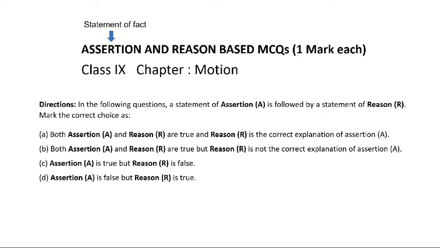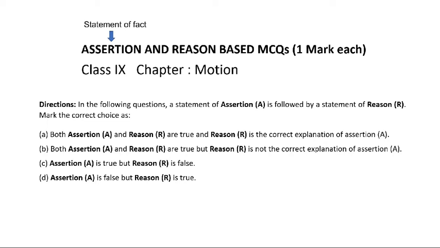Now what are these choices? Well, as I said, assertion is a statement. So for that statement there will be a reason, and then on those statements the options are given, such as option A, both assertion and reason are true, and reason R is a correct explanation of assertion A. In the same way, option B, both assertion A and reason R are true, but reason R is not the correct explanation of assertion A. Accordingly, C and D, I'm not going to read that, you can read on your own.